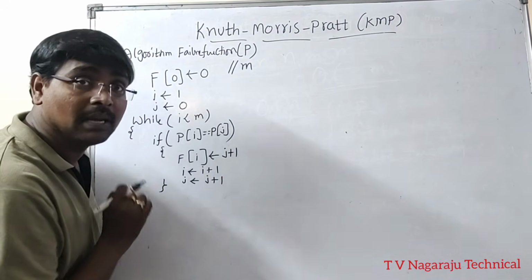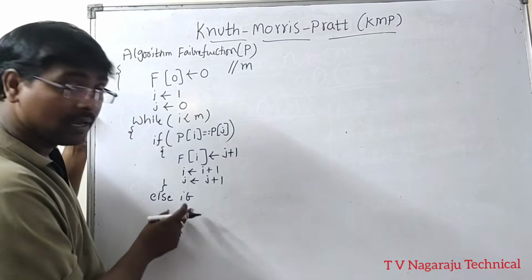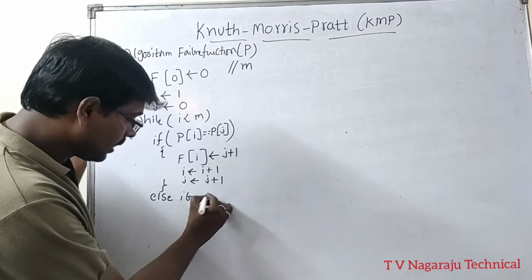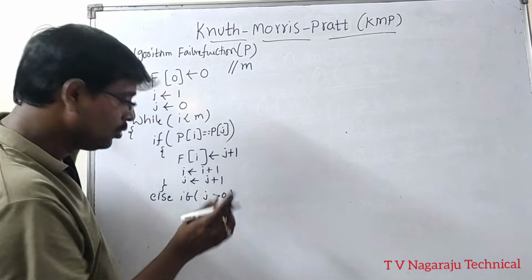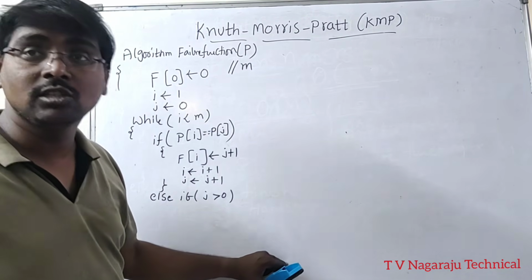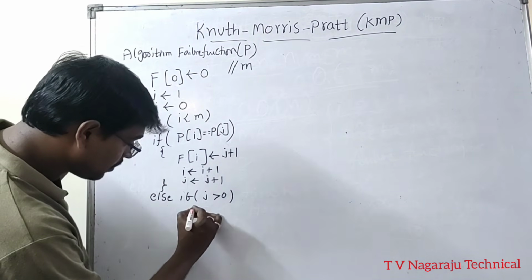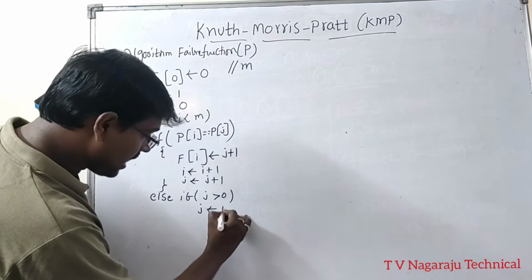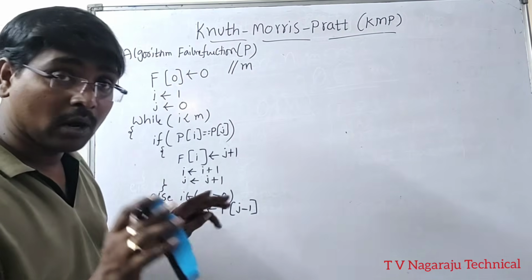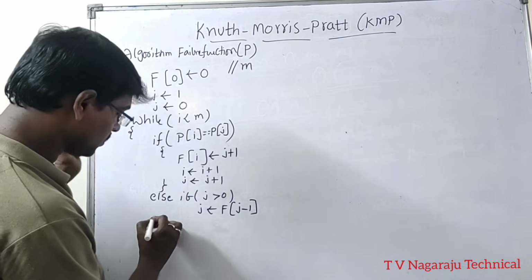Suppose there is a mismatch, that is the else case, where both are not equal. Now check one condition: whether the j value is greater than 0 or not. If j is greater than 0, update the j value to F of j minus 1. You are not updating i.